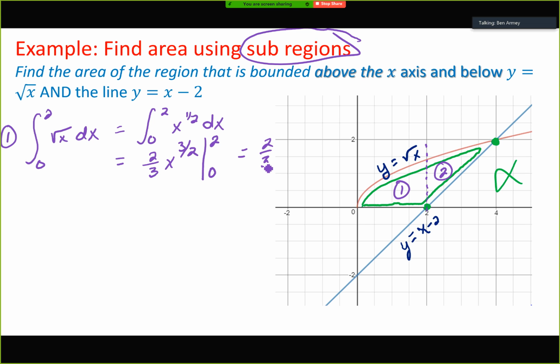So it's 2/3 times 2 raised to the 3/2. Okay, and so this is going to become 2/3 times the square root of 2 cubed, so it'd be 8.